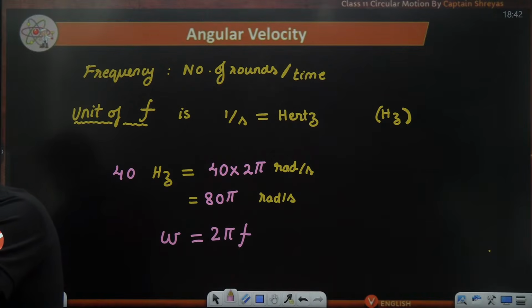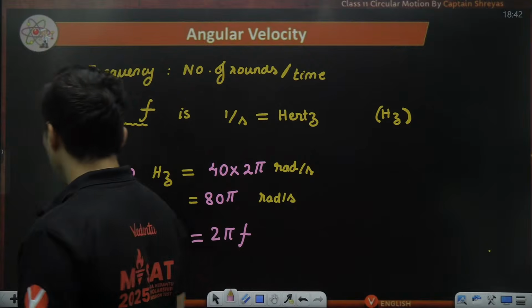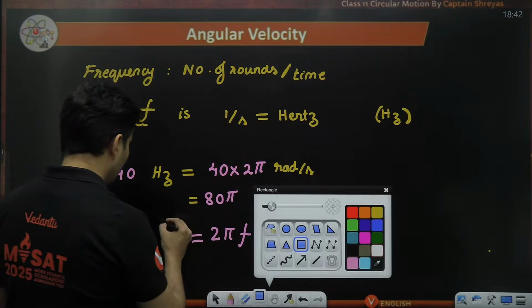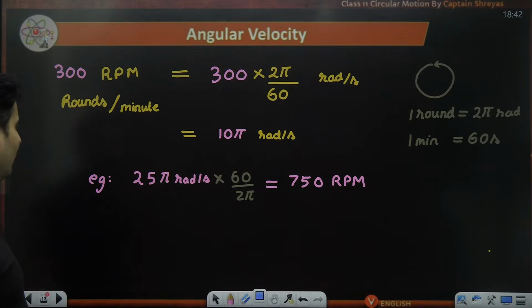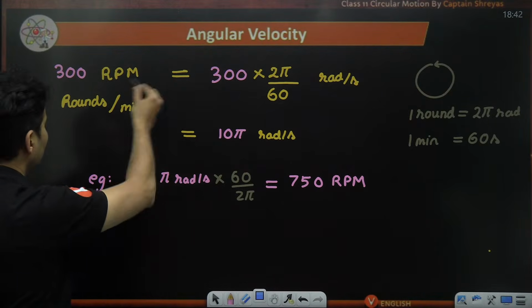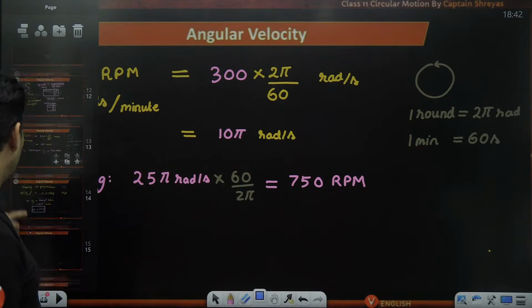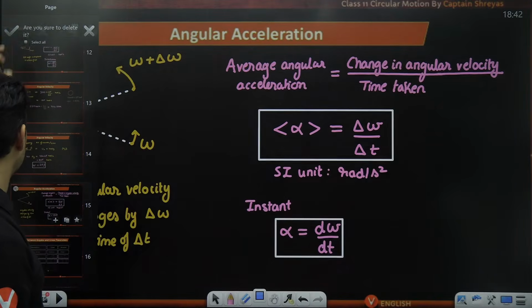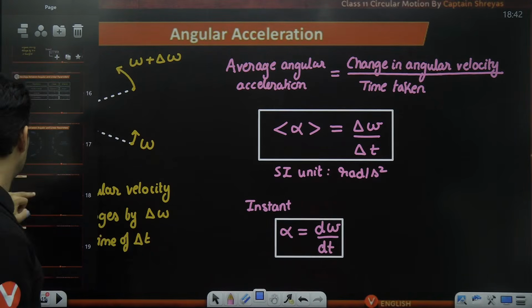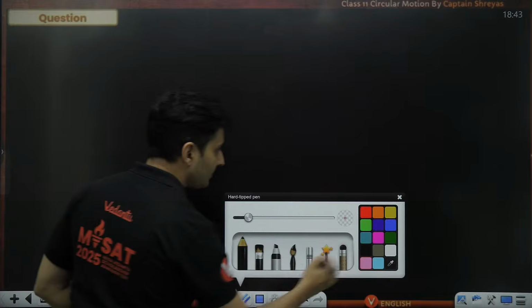I hope this is absolutely clear. Just go through these slides. Very, very, very important. Omega is 2 pi f. This is one thing. And of course, the conversion factor. Now it's a good time that we can solve some questions on this and see what we get.